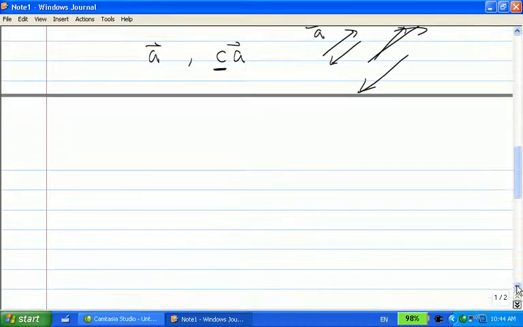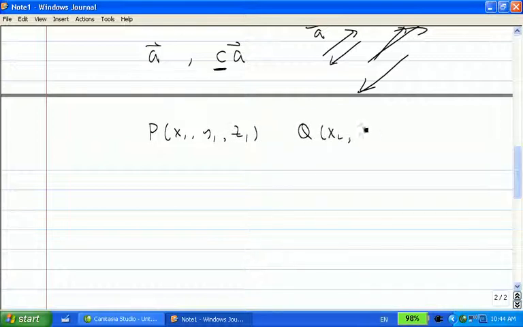Another thing we need to know is how to find a vector from a given point P, say x1, y1, z1, and point Q, which is x2, y2, and z2.